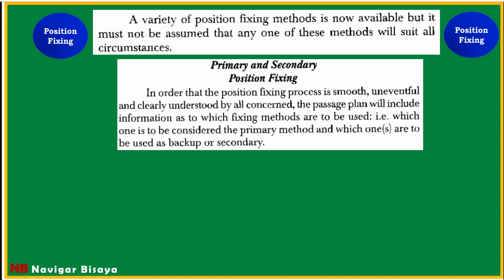In order that the position fixing process is smooth and uneventful and clearly understood by all concerned, the passage plan will include information on which fixing methods are to be used. For example, which one is to be considered the primary method and which one is to be used as a backup, secondary method.